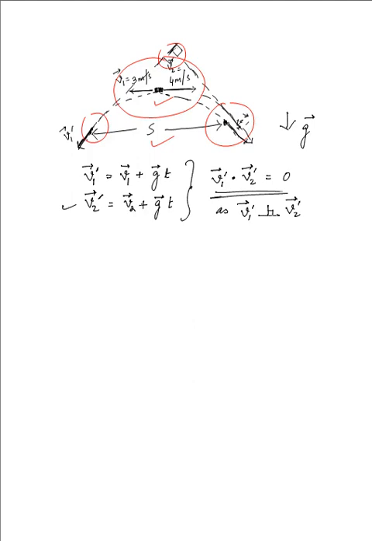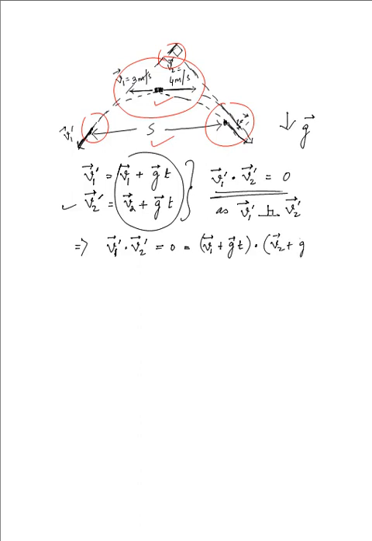Now with this available, we will try to obtain the distance that was required. We can use these values in this condition, that is v1 dash dot v2 dash is equal to 0, which is v1 plus gt dot v2 plus gt, the values of v1 dash and v2 dash.